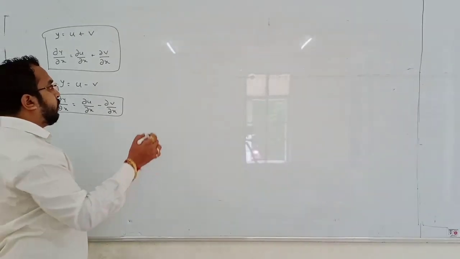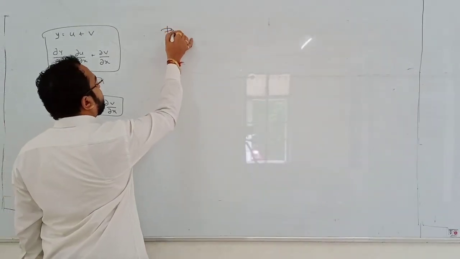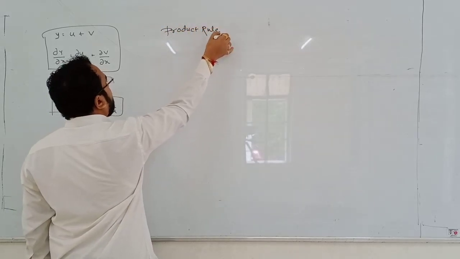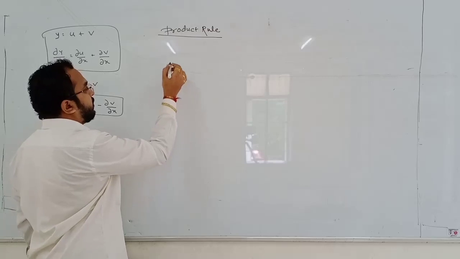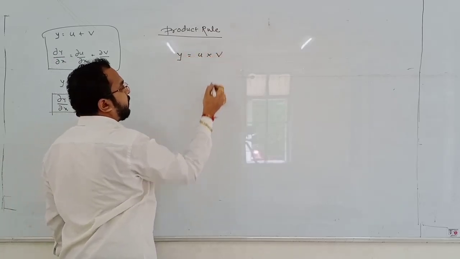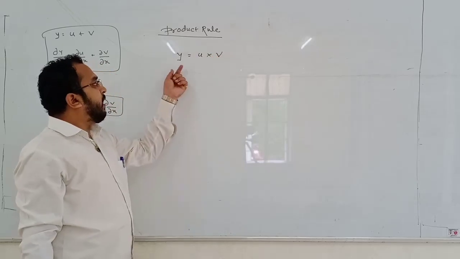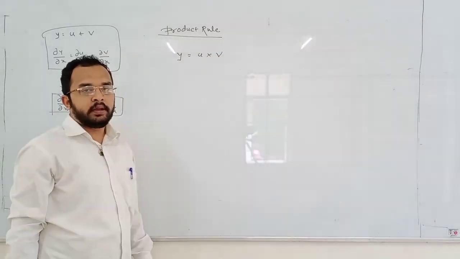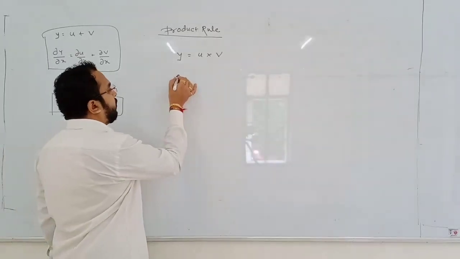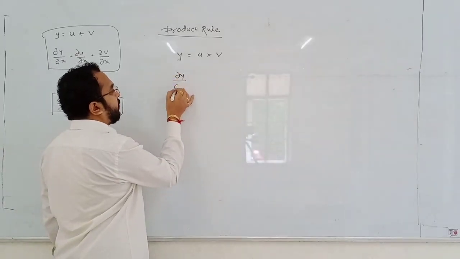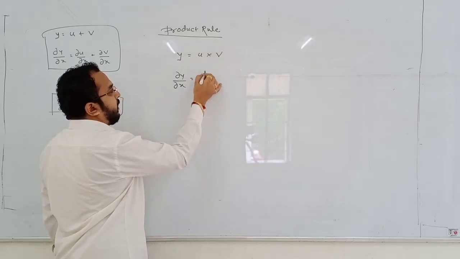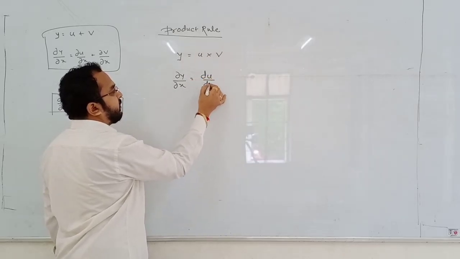Okay. Now we'll see the product rule. What is the product rule? Suppose a function is given as the product of two functions. If y is equal to u into v, then how to differentiate? So the rule will be: differentiation of y, that is, differentiation of first.